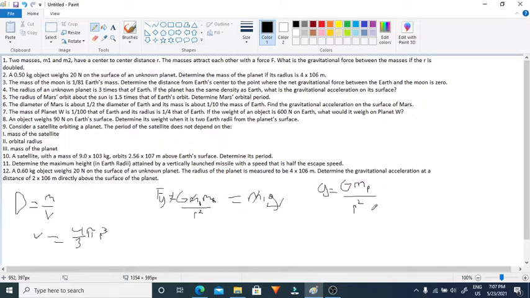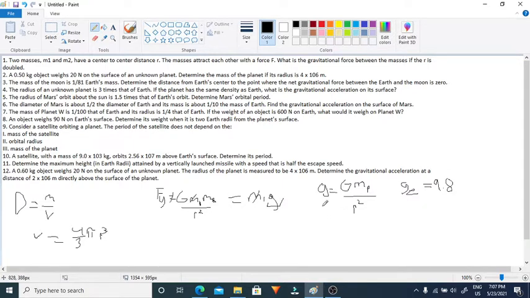So this question we can actually solve for because we know that the gravitational acceleration of Earth is 9.8. So we'll set that as well, and we're going to find a numerical answer for this one.